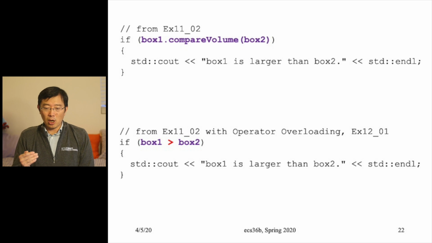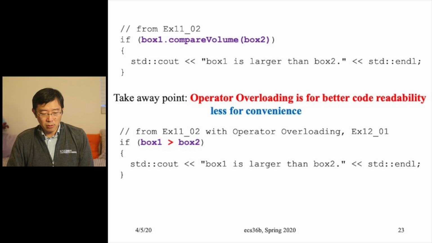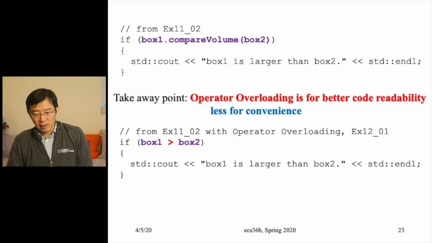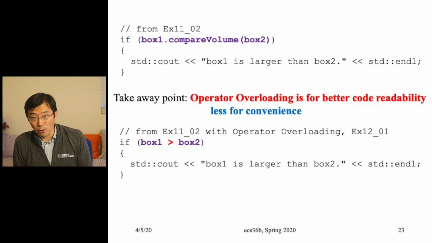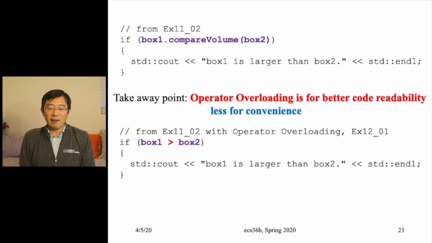It makes the code look nicer. In fact, I want to emphasize that the important thing about operator overloading is that it is supposed to give you much better code readability.